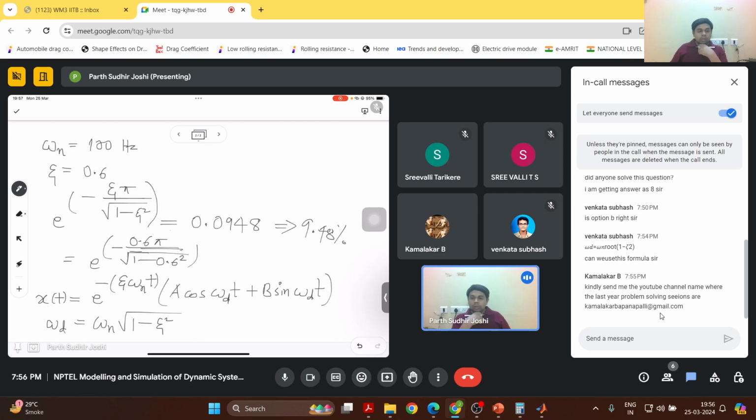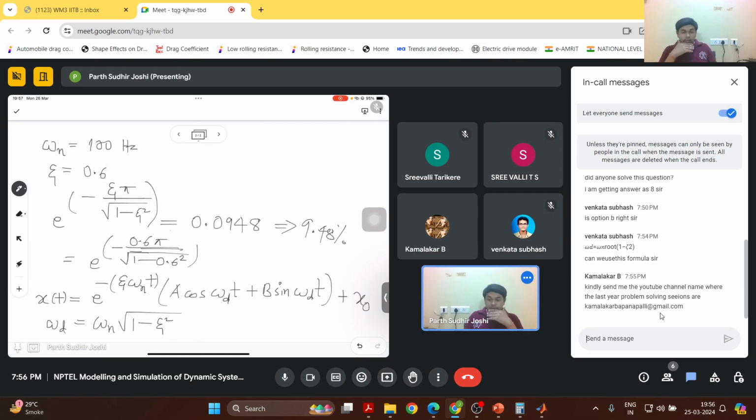By using the initial conditions, this is just the free vibration kind of response. For the forced response, for a unit step input, we need to add the steady state response also. That will be some x naught, because of the steady state value.